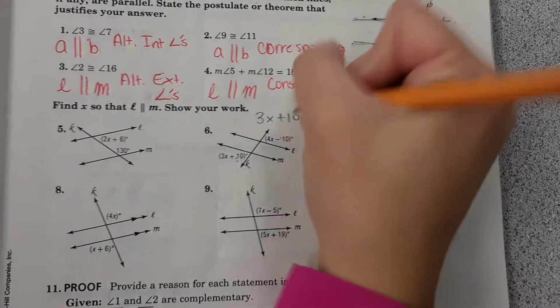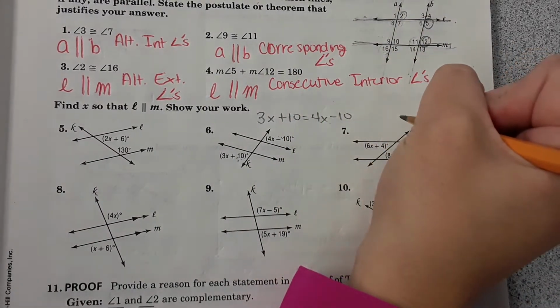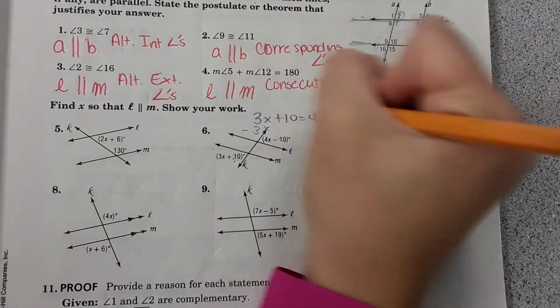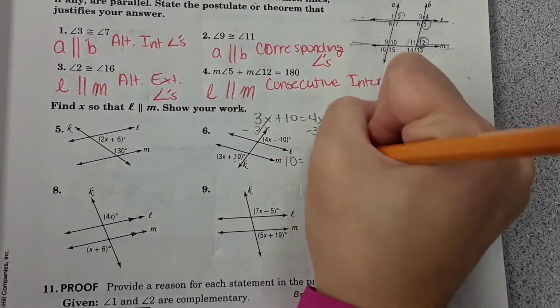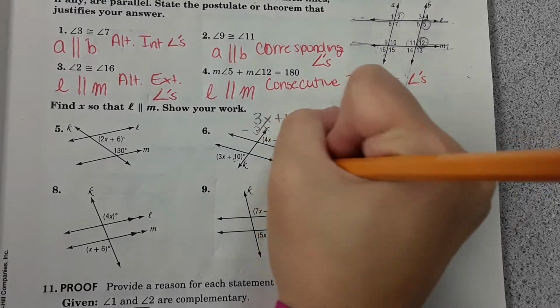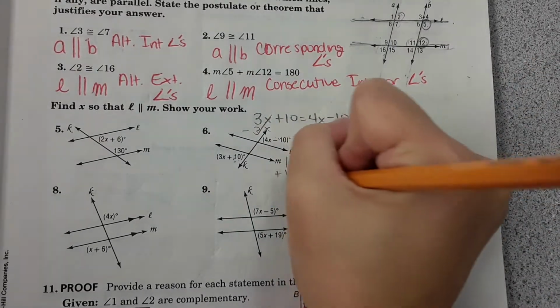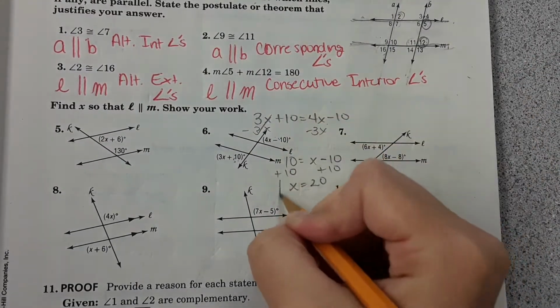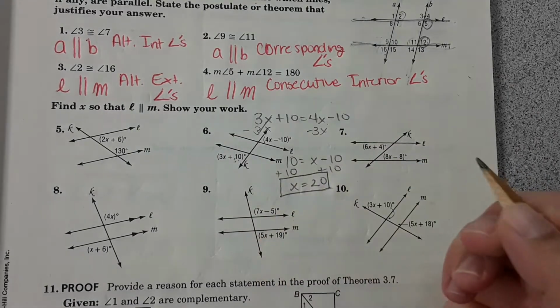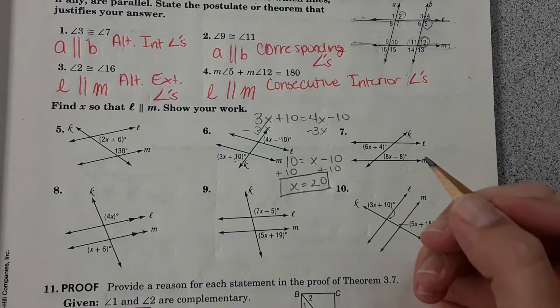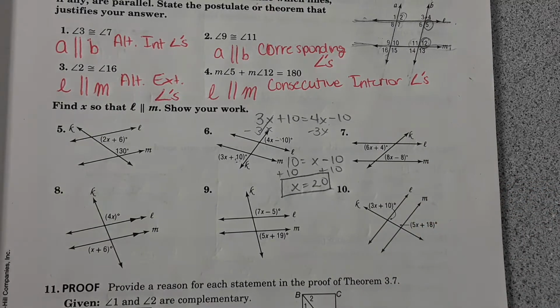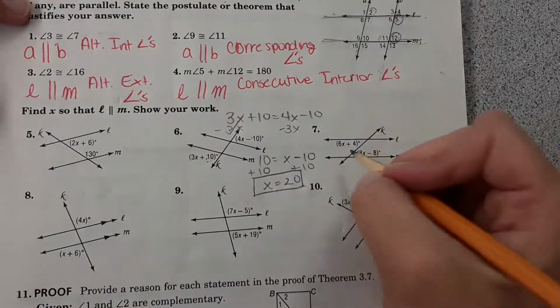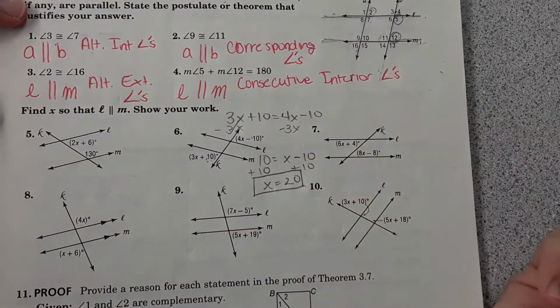So, anyways, subtract 3x from both sides. We get x equals 20, and that is the answer to number 6. Number 7, alternate interior angles are congruent.